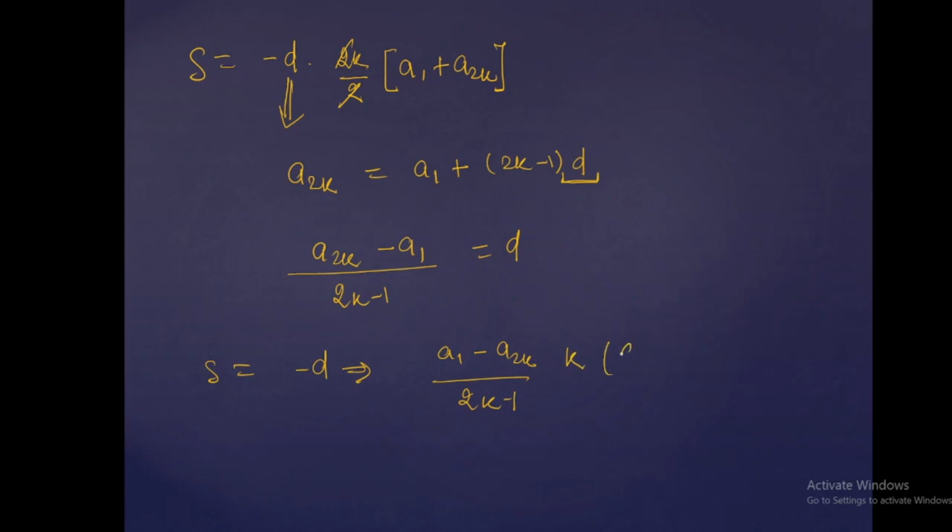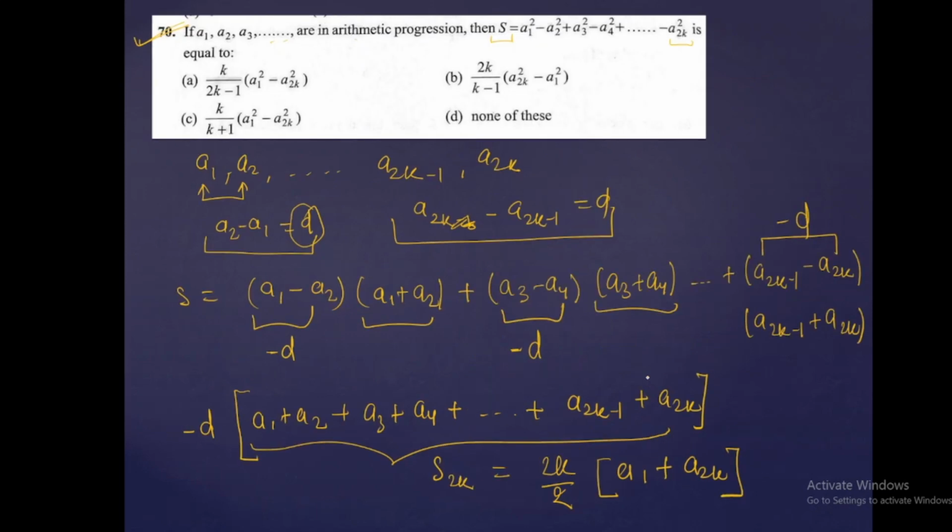So we get K into A1 minus A2K. On simplifying, you will get A1 squared minus A2K squared, and I think this is option number A only, right?